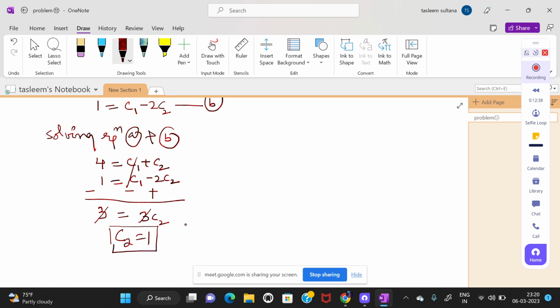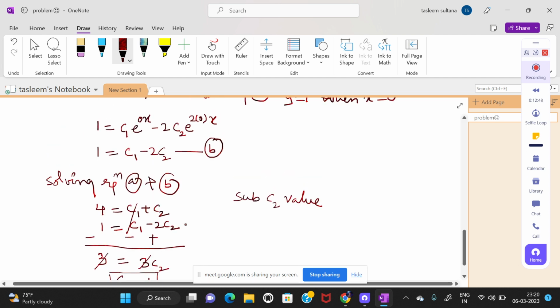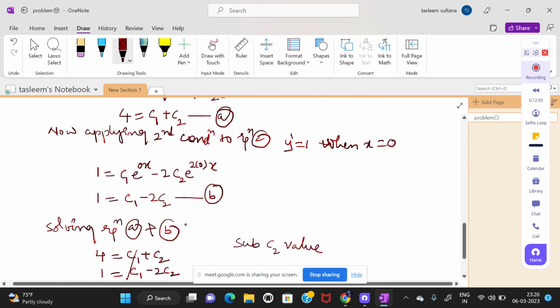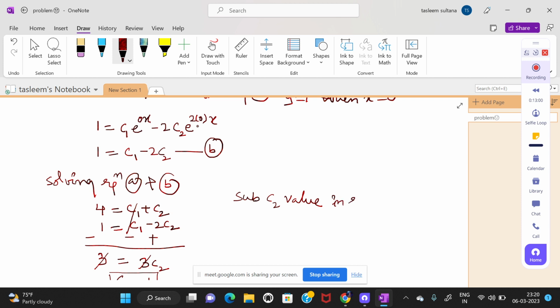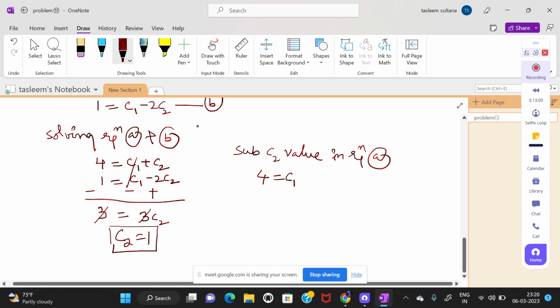We got one constant value, and we will substitute it into an equation. We can substitute the C2 value in either equation A or equation B. I will substitute in equation A: 4 equals C1 plus 1.